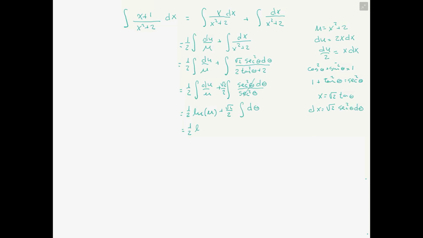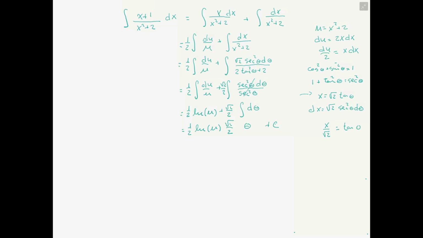Those cancel, and we have now 1/2 ln u plus square root of 2 on 2 d theta, and that's equal to theta. So we have 1/2 ln u plus square root of 2 on 2 theta, and of course we got a constant.